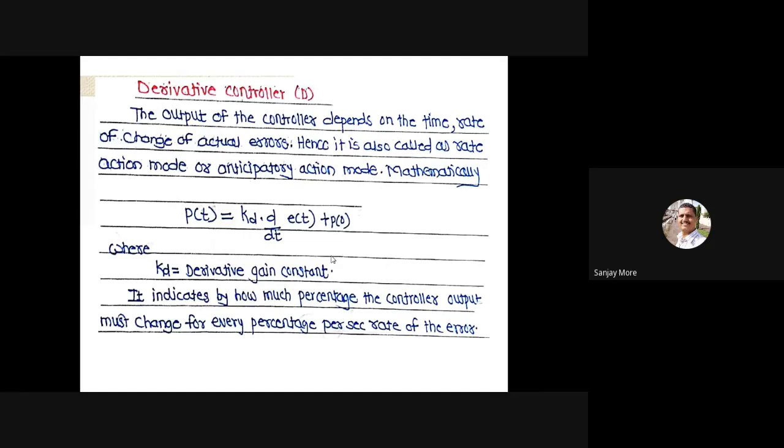Mathematically, P of t is equal to Kd into d by dt E of t plus P of 0, where Kd is equal to the derivative gain constant.